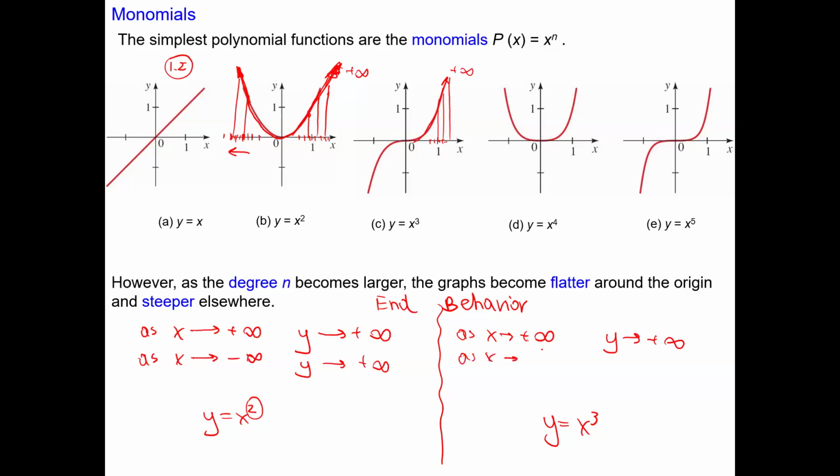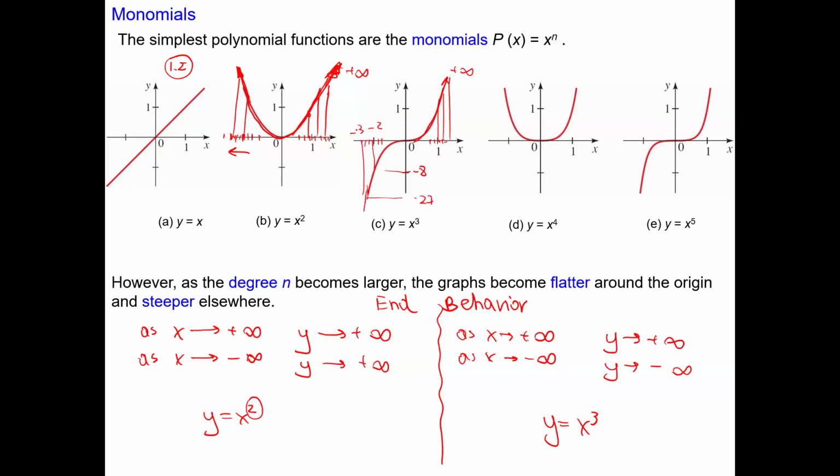As x goes to negative infinity, taking negative numbers to the power of an odd number, we will get a negative number. We can see negative 2 cubed will be negative 8, for instance. Negative 3 cubed will be negative 27.